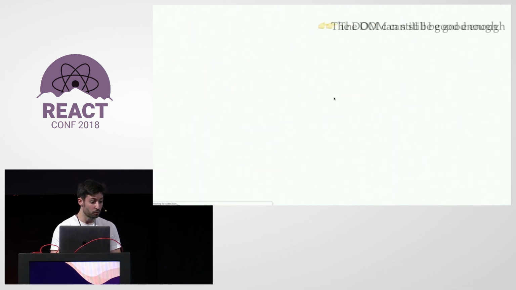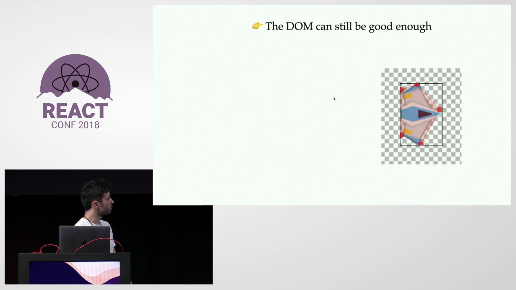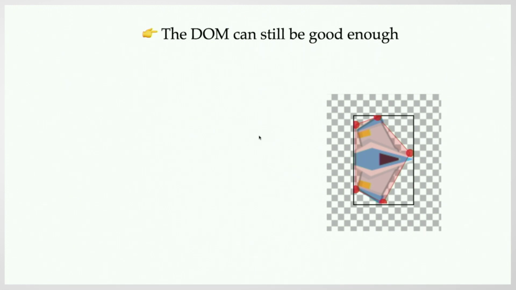Sometimes still, the DOM is powerful enough for making things that are a bit simpler. For example, this is a preview of the polygon that describes the collision mask of your object that will be used, for example, to detect a collision during the game.